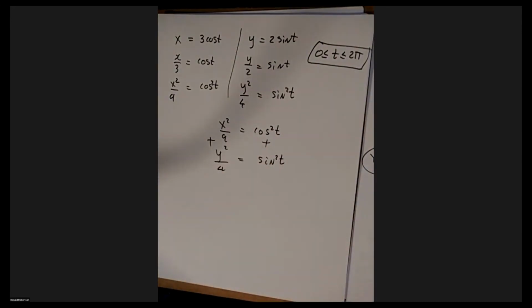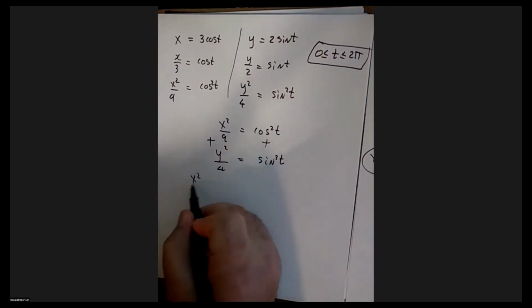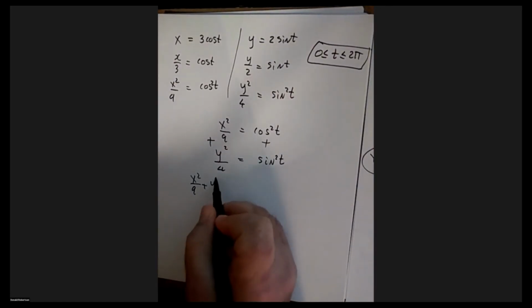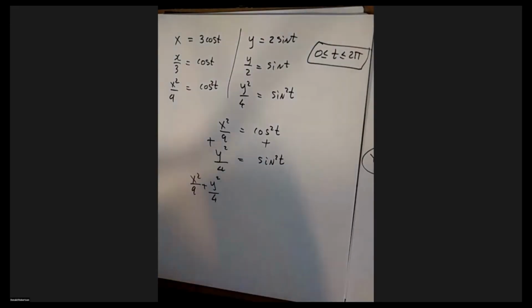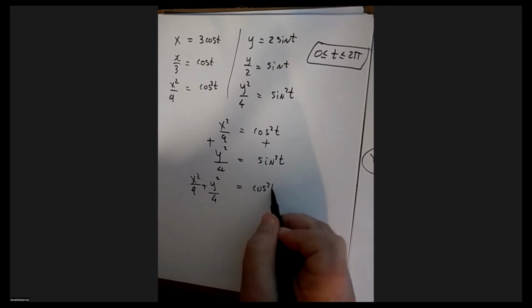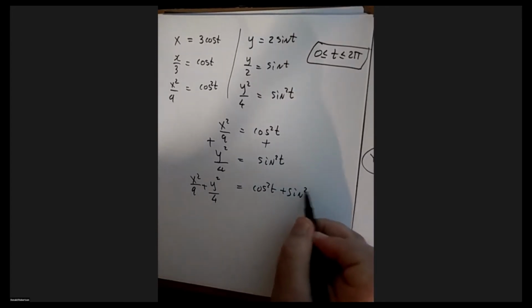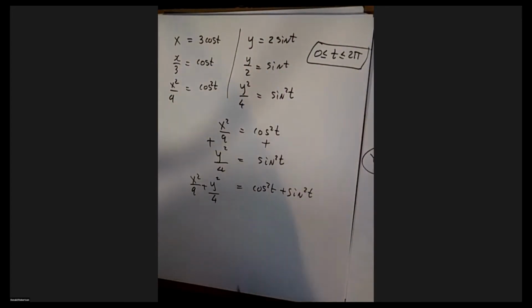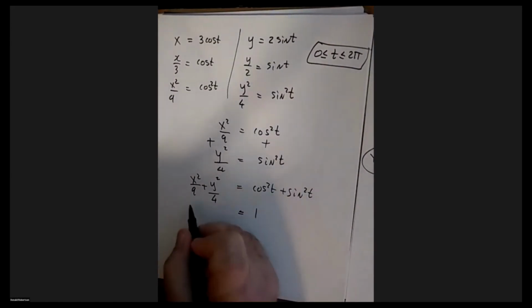As long as I do it to both sides, it's okay. Can I add both together? It's kind of really that rule. So what do I get? Well, if you add the two pieces on the left-hand side, you get that. And if you add the two pieces on the right-hand side, you get that. And that becomes 1.